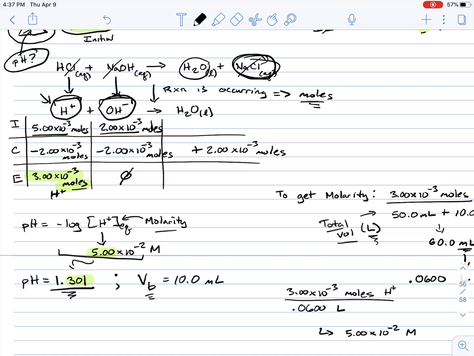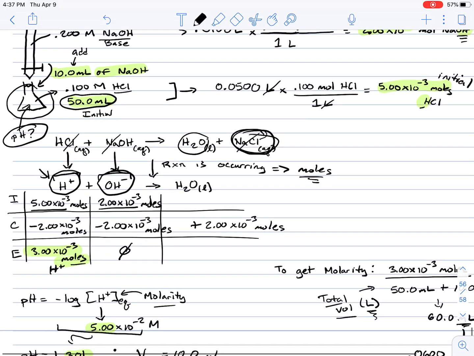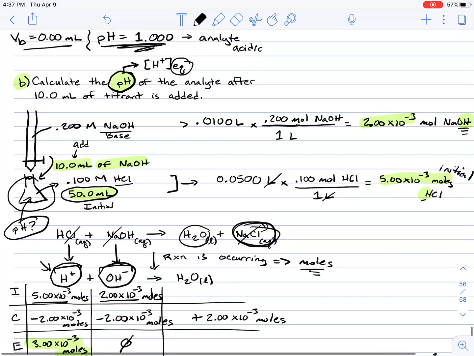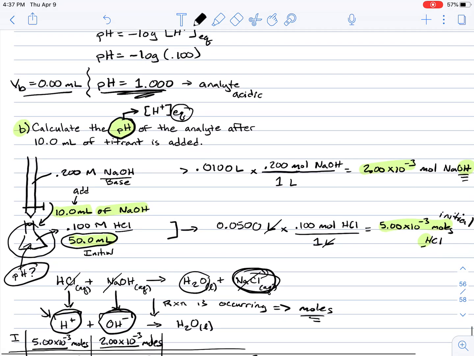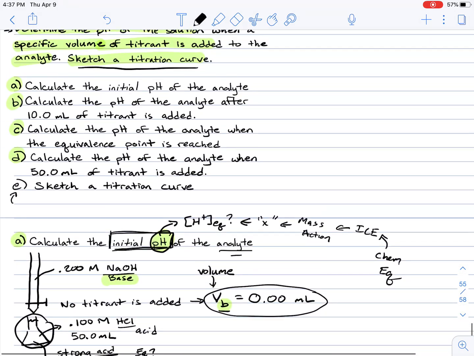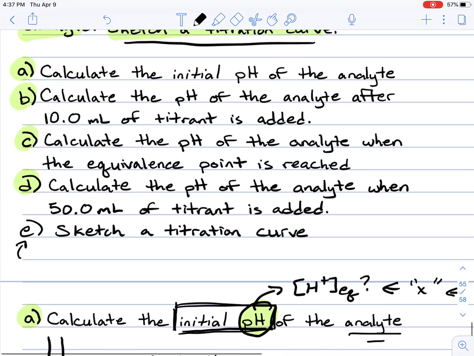And then we finally took that concentration and performed the negative log of it to get us the pH of the solution. Okay. So everything that you guys learned in part B of this problem is nothing new. The only thing that's new is putting the pieces together, right? So that's the challenge of this problem.